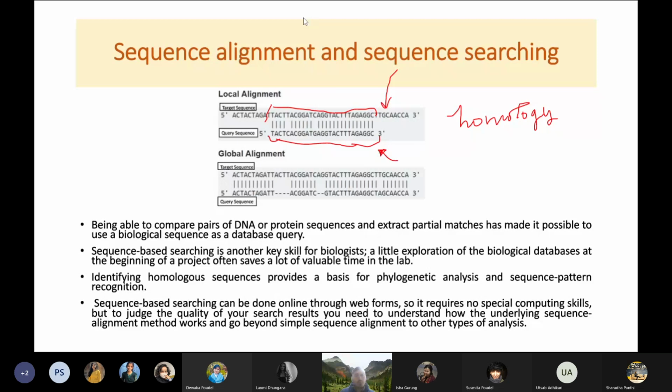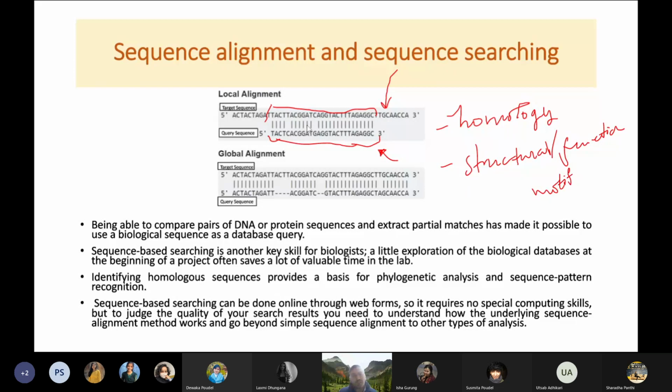Being able to compare the DNA or protein sequences for complete and partial matches is one of the fundamental things that you will do in biology. So why do we do sequence alignment and sequence searching? I said to identify homology, to identify certain structural and functional motifs, right?